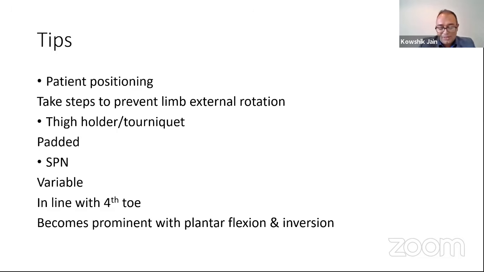As I told you in the previous slide as well, one of the easiest ways to mark this nerve is by plantar flexing and inverting the ankle, and at the same time pressing on the forefoot and plantar flexing it. That makes the lateral branch of the superficial peroneal nerve prominent, and it is actually a thin cord-like structure which is palpable under the skin, and you can just mark it that way.